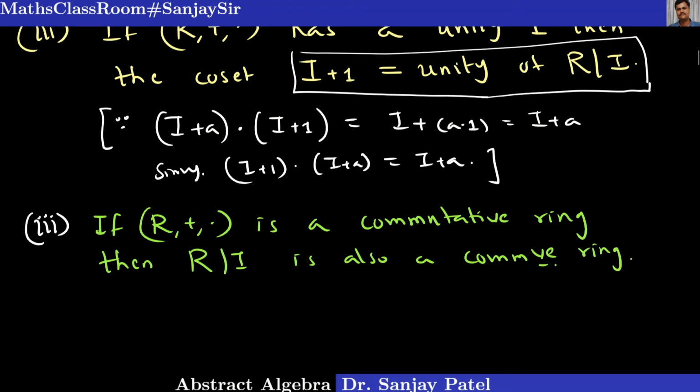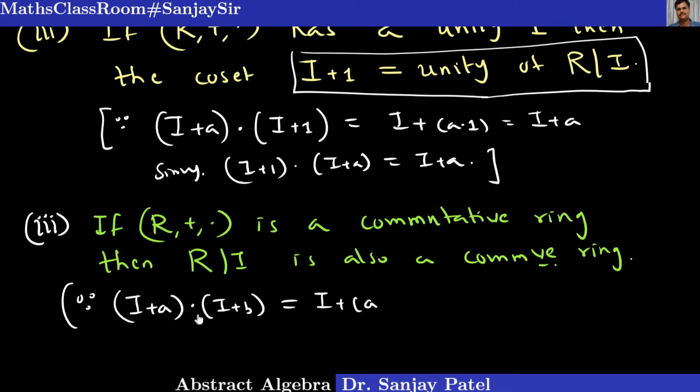Because if you take any two elements in the ring R mod I, that is I plus A and I plus B, and multiply in this order, I plus A into I plus B, then you can show that it is the same as I plus B into I plus A in this manner.